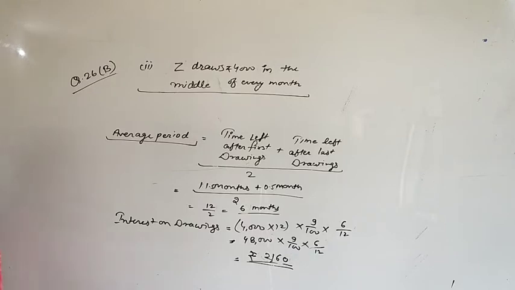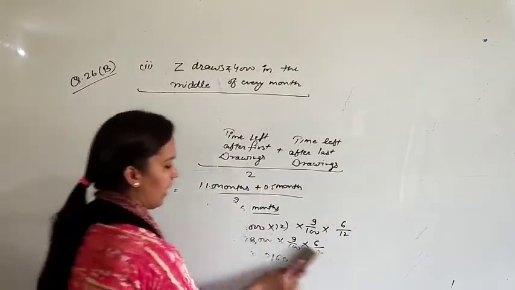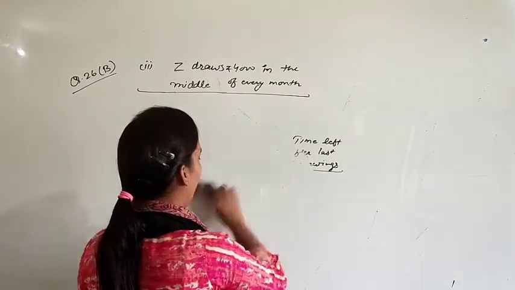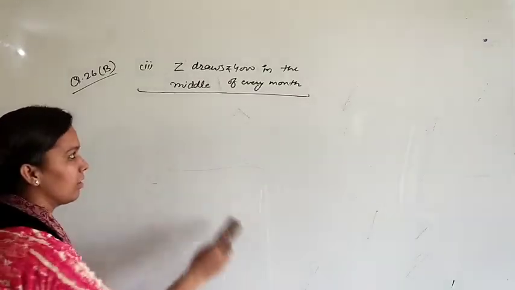This was for every month. Now we will calculate if you are withdrawing money according to quarters. Quarter means a time of 3 months.